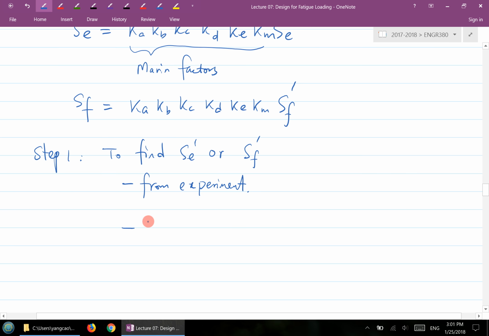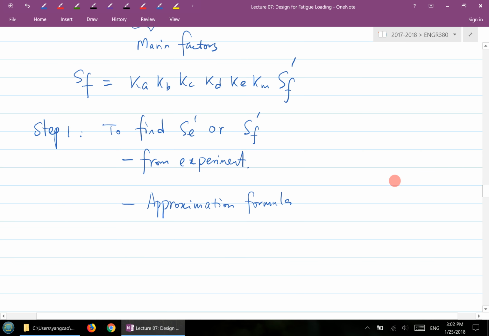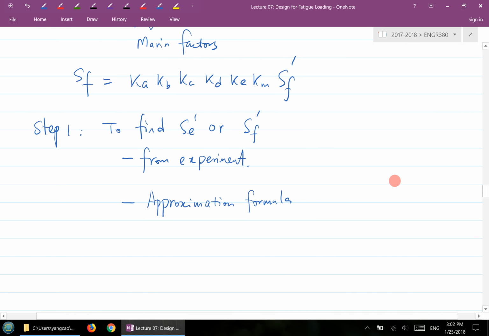So we have an approximation formula. I think my textbook has a couple more. What we typically deal with is steel, so we'll write down the steel one. For steel, your Se prime equals this.